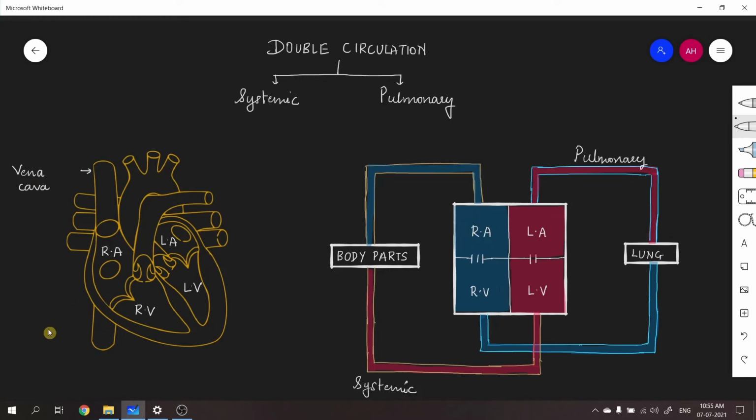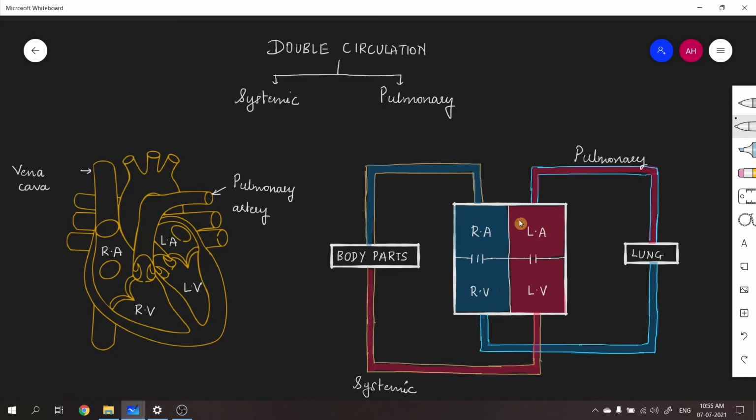This is the pulmonary artery, which carries the deoxygenated blood from the right ventricle to the lungs, as you can see here, from the right ventricle to the lungs. All right.